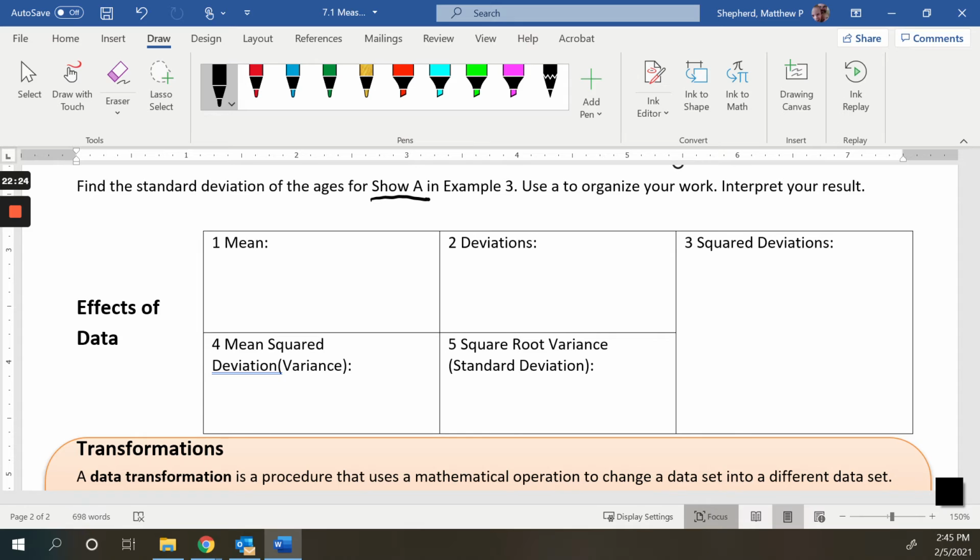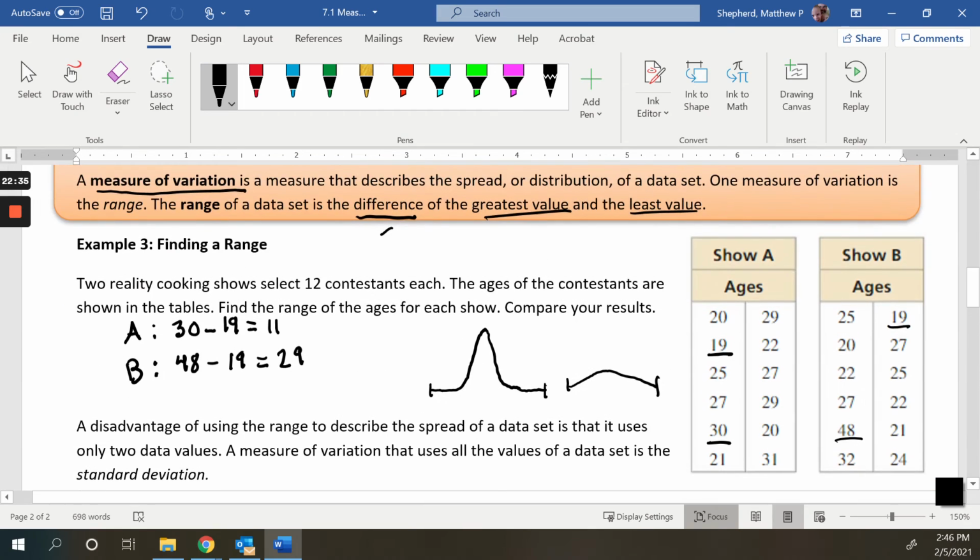So first thing we need is we need to calculate the mean of show A. So I'm going to go ahead, I'm going to bring up my Desmos again.